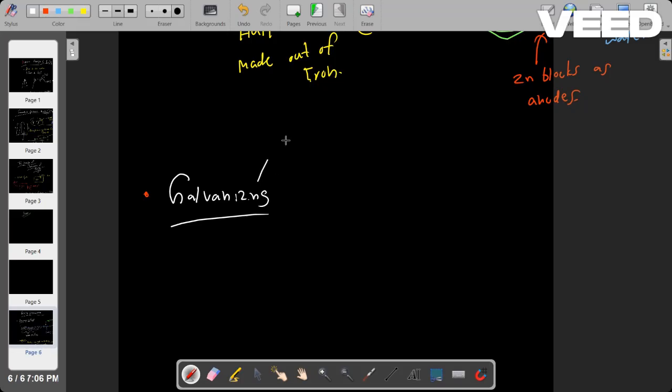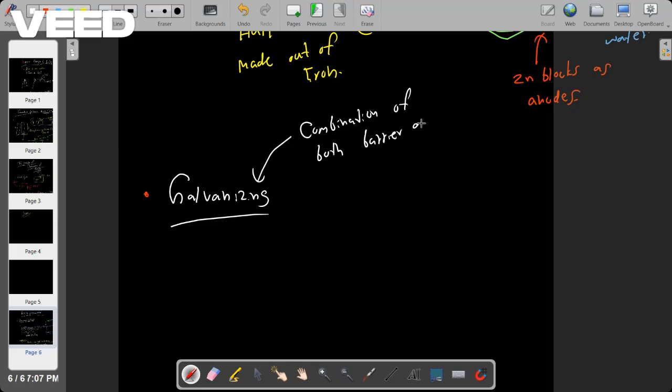Galvanizing is actually a combination of both barrier and sacrificial anode.